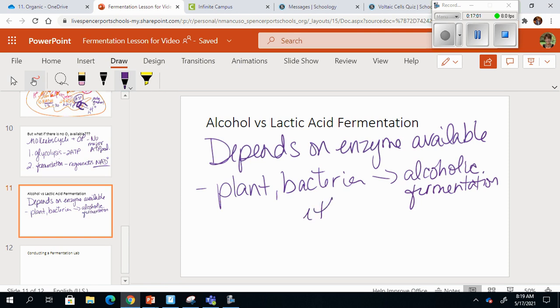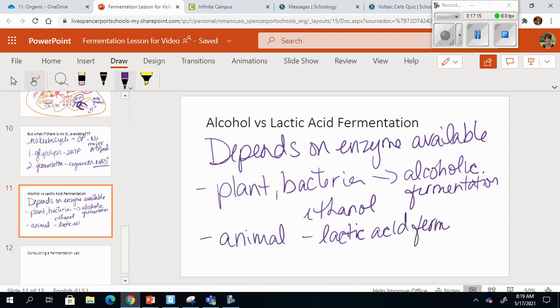And they make what is called ethanol. And if you have an animal, then an animal does lactic acid fermentation.